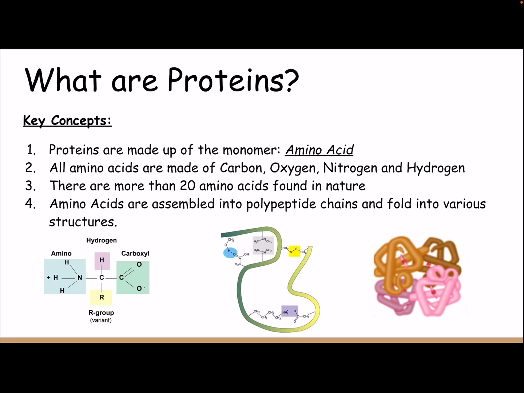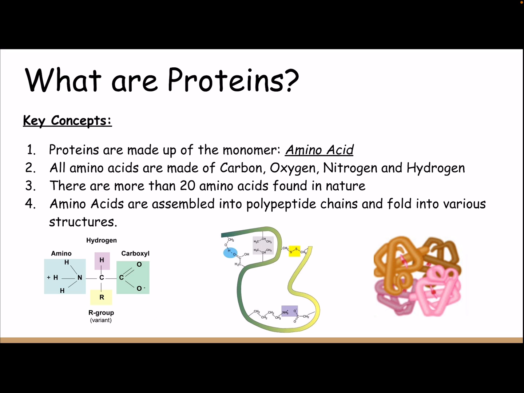All amino acids are made from carbon, oxygen, nitrogen, and hydrogen. In general, there are around 20 amino acids that are found in nature naturally. It depends on the amino acids that we assemble and how they're folded for the protein that's actually built, okay?